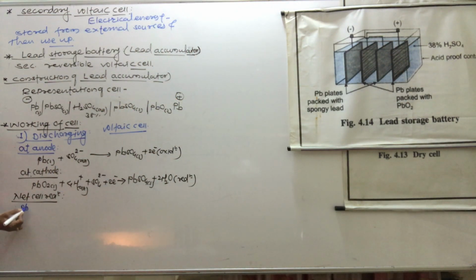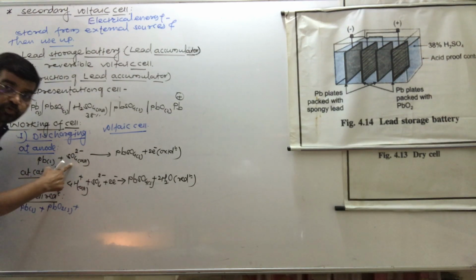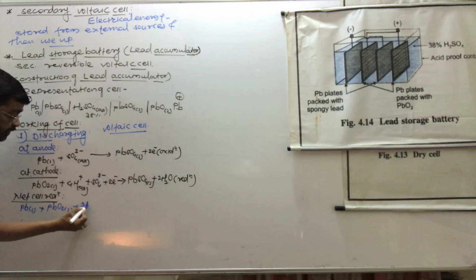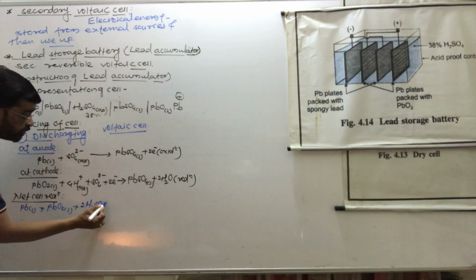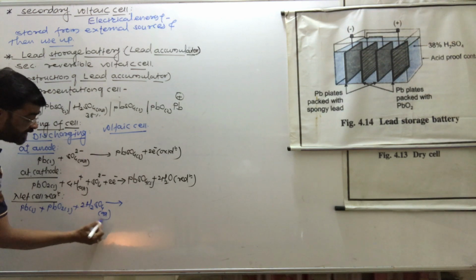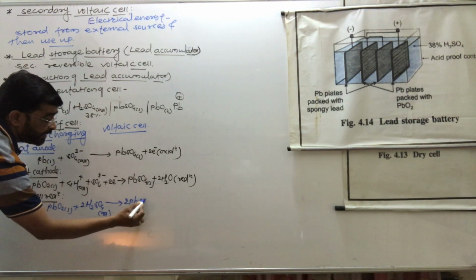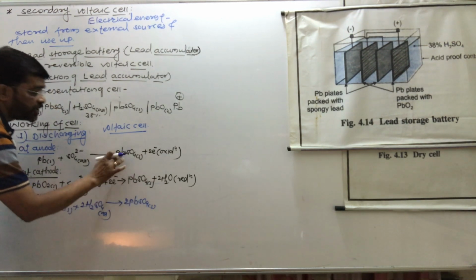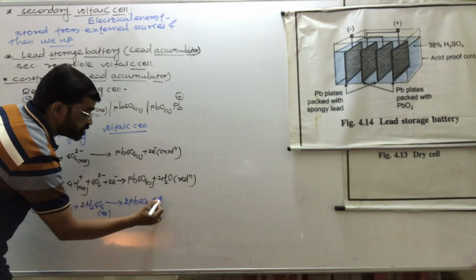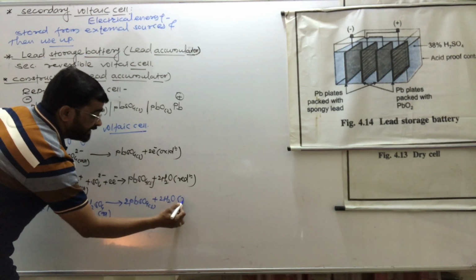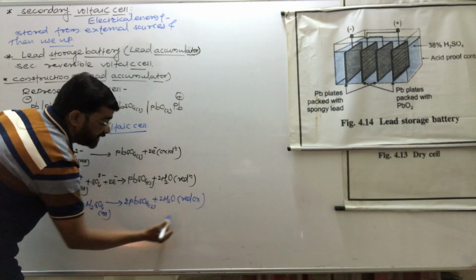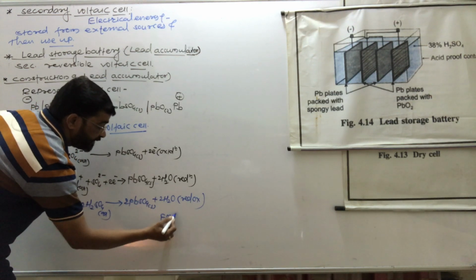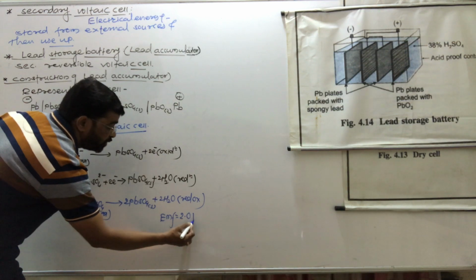So here it is Pb solid plus PbO2 solid plus 4H plus ions and 2 sulfate ions, that is 2 moles of H2SO4 aqueous, giving 2PbSO4 solid plus 2H2O, and this is a redox reaction. Approximately the EMF of this cell is 2 volt.